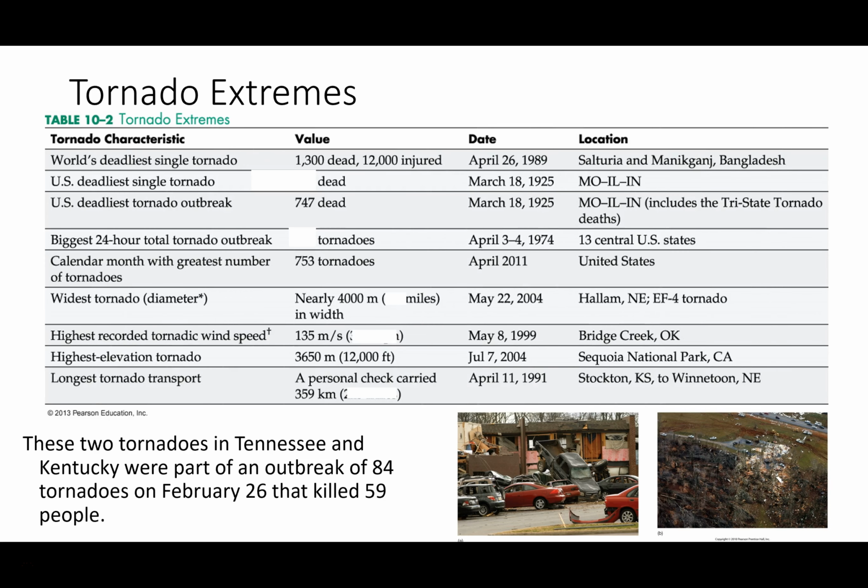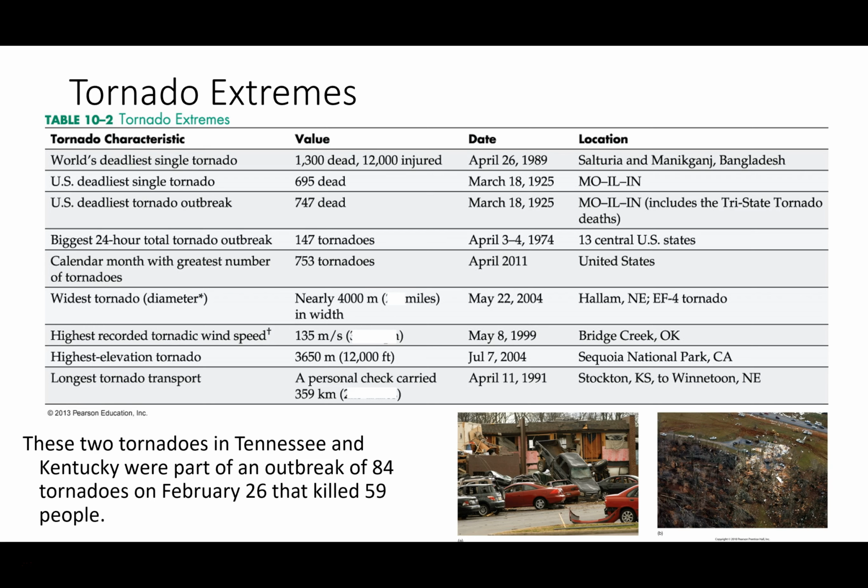I have some numbers up here. The second line, the deadliest tornado was in 1925 and 695 people were killed. But you figure in 1925, one of the things we've come a long way is our warning system. So the next line, the biggest day-long outbreak was 147 tornadoes.